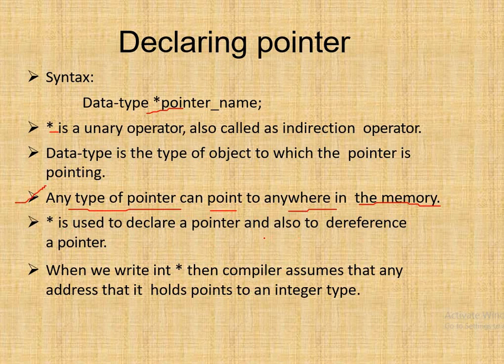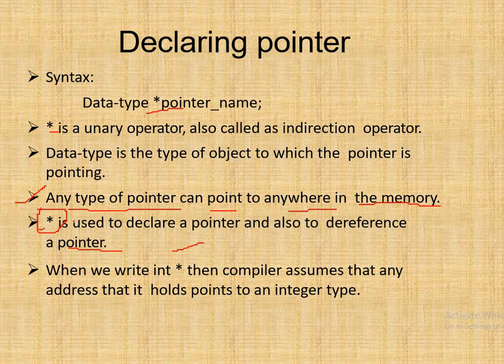Asterisk is used to declare a pointer, and also to dereference a pointer. It means if a pointer is pointing to an integer variable's address, then we can use this asterisk symbol to print the value at that address.